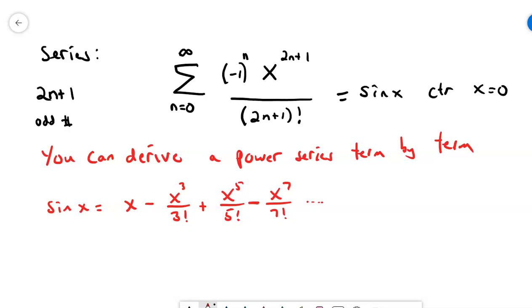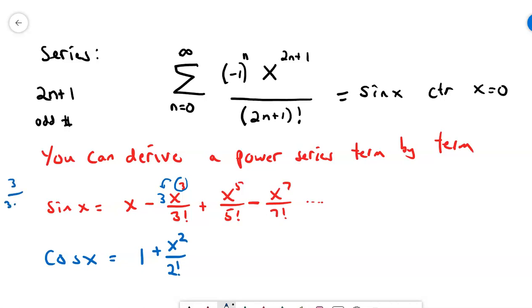Okay. And now differentiate. So the derivative of sine x is cosine x. The derivative of x is 1. When you differentiate this next term, you realize that 3 out here is going to drop down in front. And so you'll end up with 3x to the 2nd over 3 factorial. Well, 3 over 3 factorial is really just x to the 2nd over 2 factorial, right? Because you'll have a 3 on the outside.